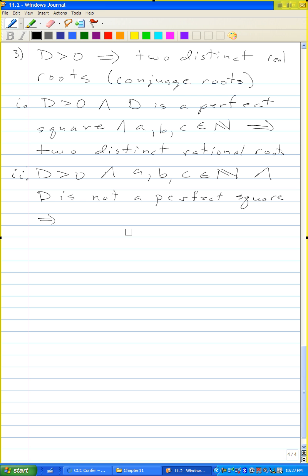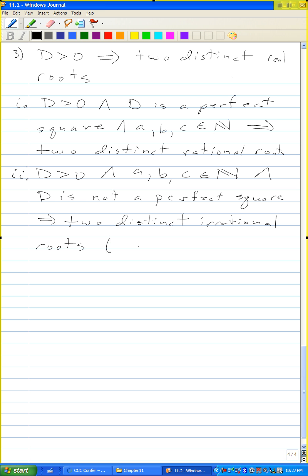So if it's not a perfect square, and A, B, and C are natural numbers and the discriminant is greater than 0, then you'll have two distinct irrational roots.